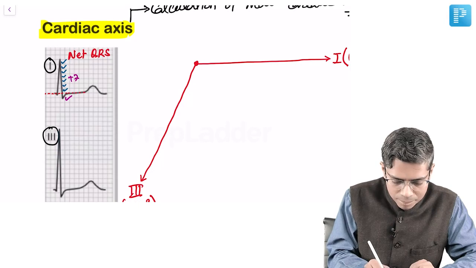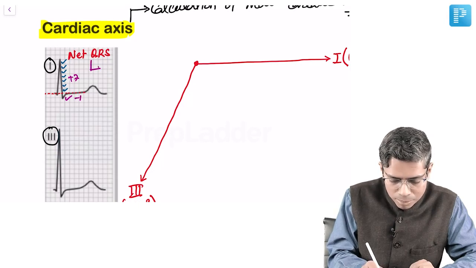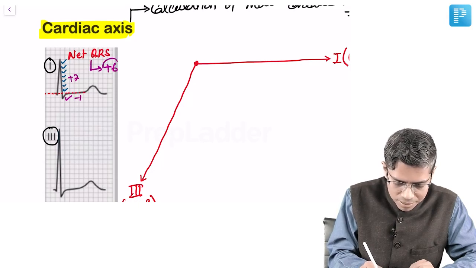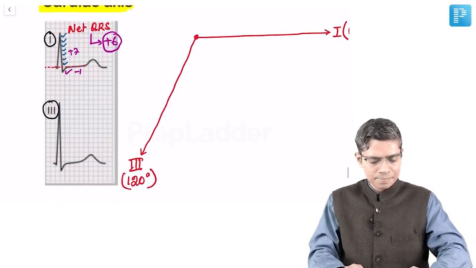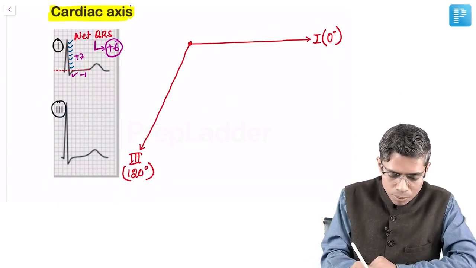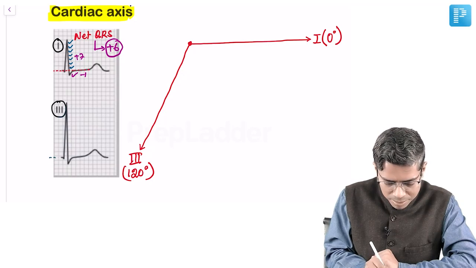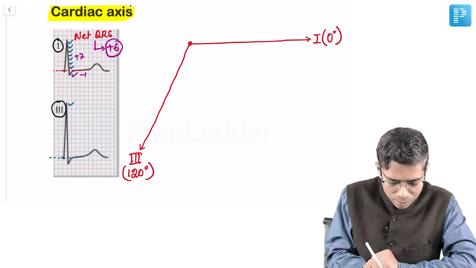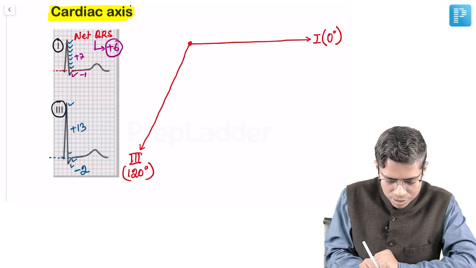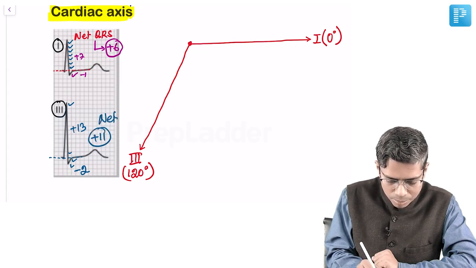So plus 7 minus 1: the net QRS complex deflection is plus 6. Very simple mathematics. Similarly in lead 3, this is the baseline. Above the baseline I have already counted 1, 2, 3, 4, giving plus 13, and in the negative direction minus 2. So suppose plus 11 is the net QRS complex deflection.